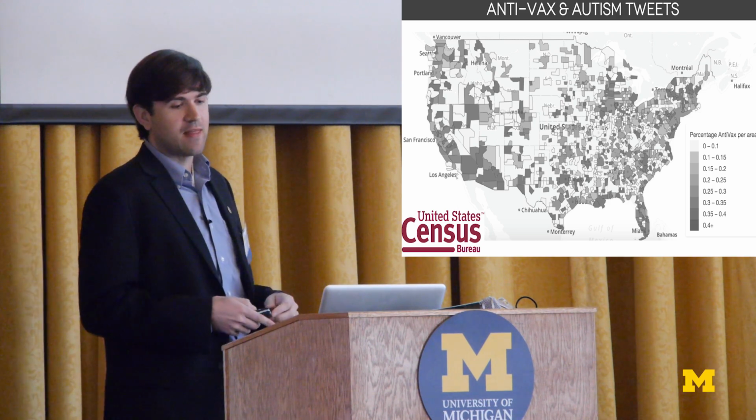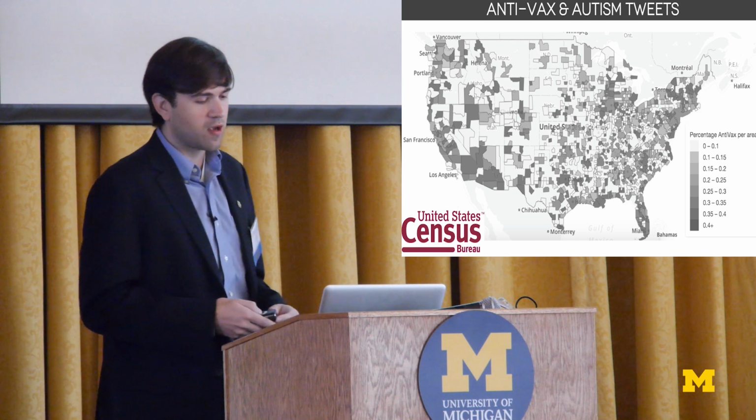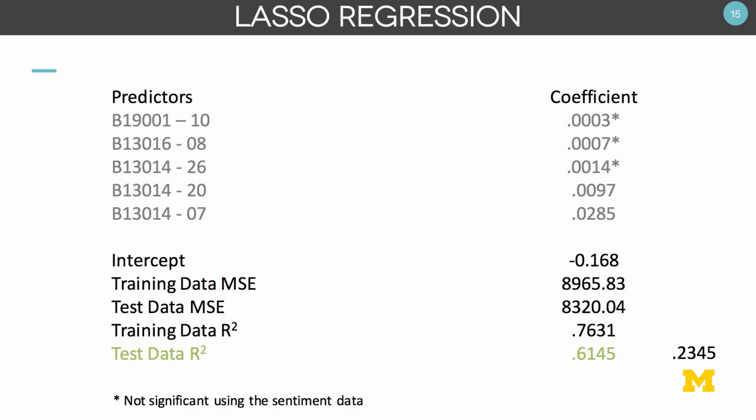We did that, and the census data worked really well. I want to show you the first and biggest difference that we see when comparing the two types of data. On the left here, we have a model run on my nice humanly annotated gold standard data, and we have a really nice R-squared of 61%.